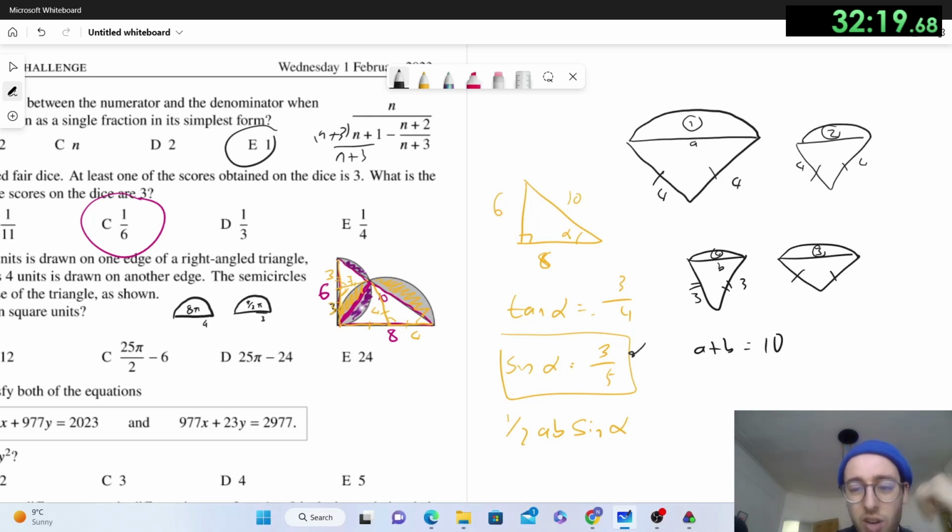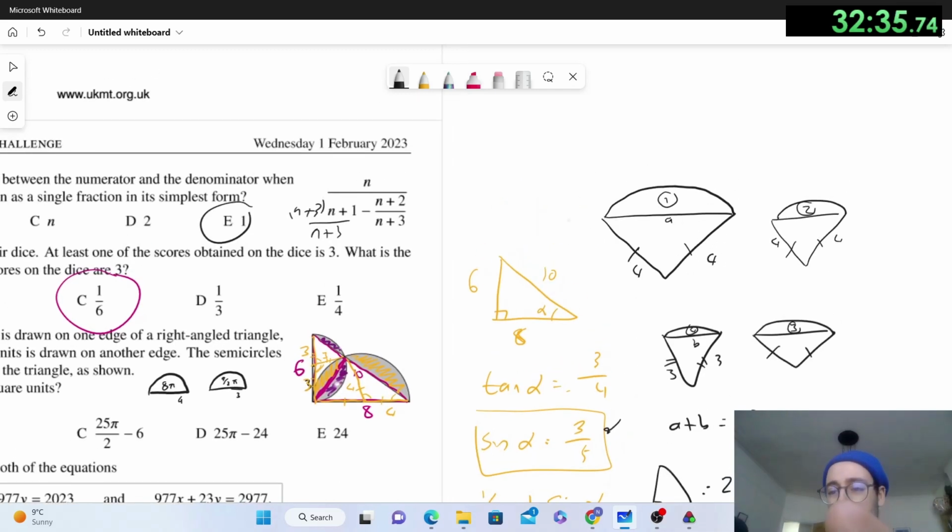Okay, the area of the triangle is 6 times 8 divided by 2, so it's 24. And then, if we're really going to overcomplicate it, I could use the cosine rule, because I know cos of theta, but I don't.